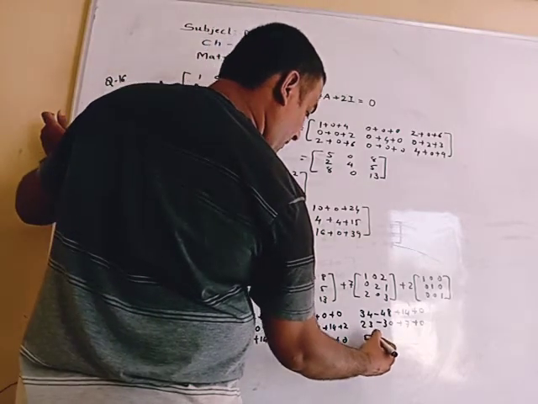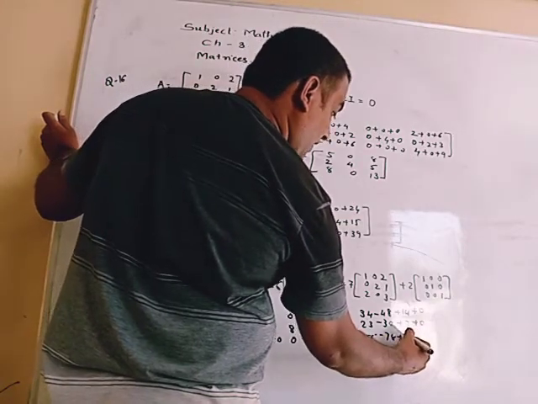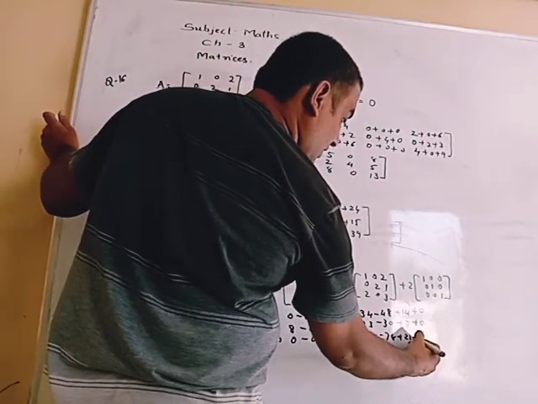Here 55 minus 78 is 36, plus 21 and plus 2.